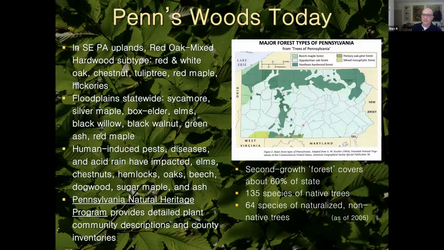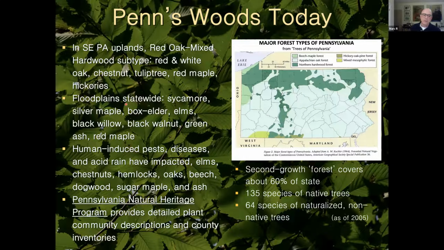And so this area here is the Appalachian oak forest. And within that, our subtype is this red oak mixed hardwood subtype, dominated by red and white oak, chestnut, tulip trees. This is what it was when Europeans came, red maple and hickories. But now, of course, we know diseases and everything have wiped out a lot of that stuff.